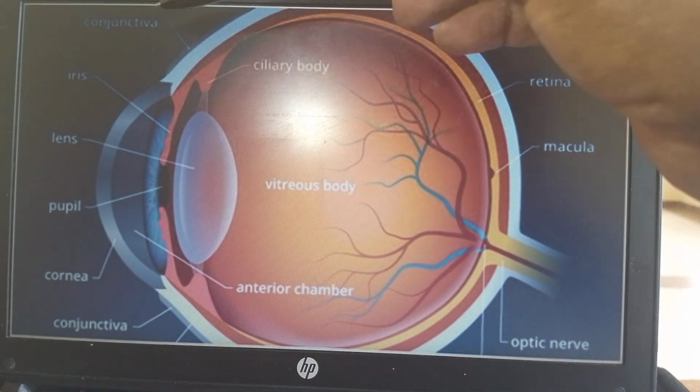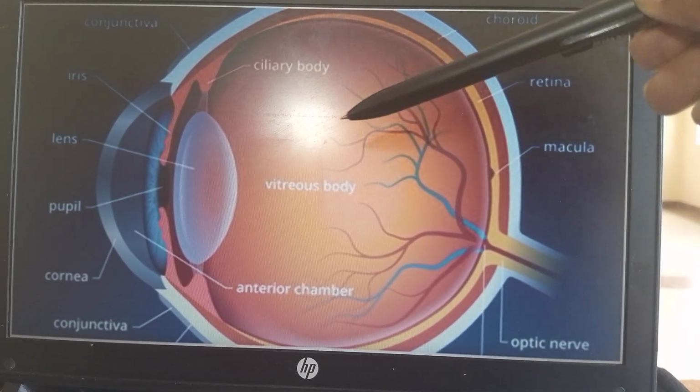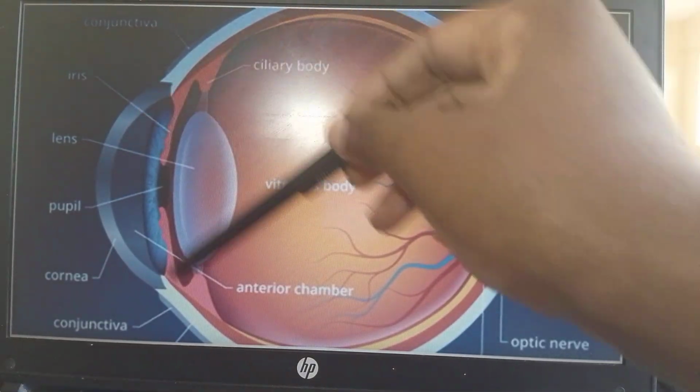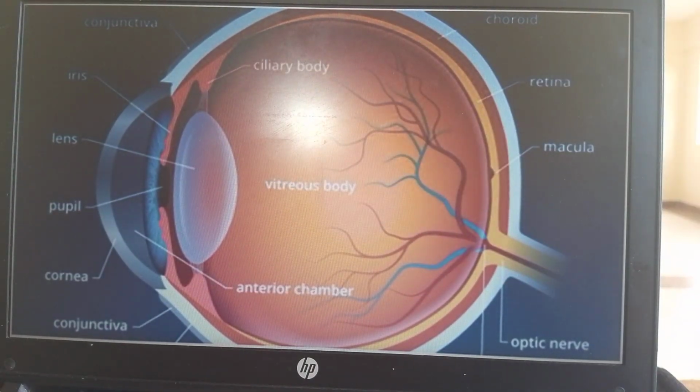From the cornea, we now come into the inside of the eye, and the entire space inside the eye is divided into two segments. We have what we call the anterior segment and what we call the posterior segment.